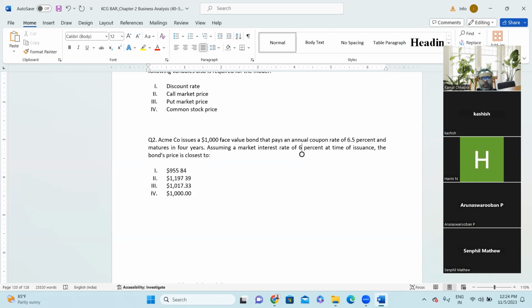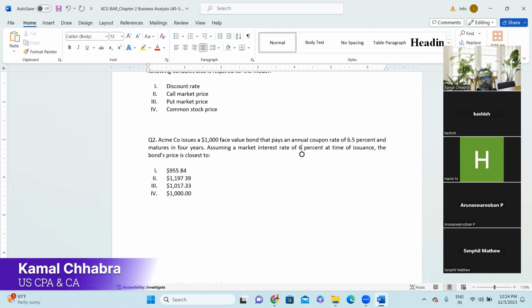It will be a compounding interest. In 4 years you will be paying 6.5%, right? So 6.5 divided by 4, your annual interest is 1.625, right? So that's how this 1017 is the correct answer, the third option. We'll be dividing 83 by 4, which comes closer to 1017. Why 83? Because that's cumulative. If you don't do cumulative, it will be less.